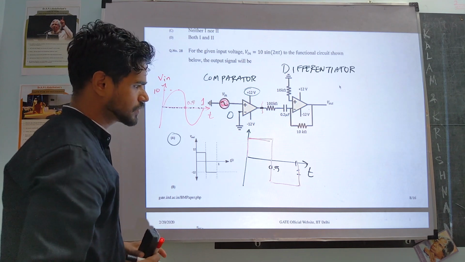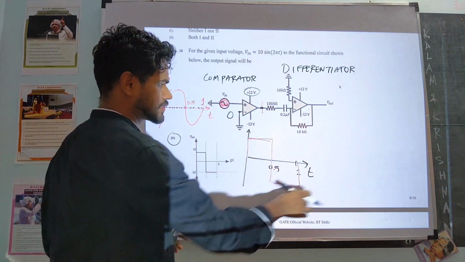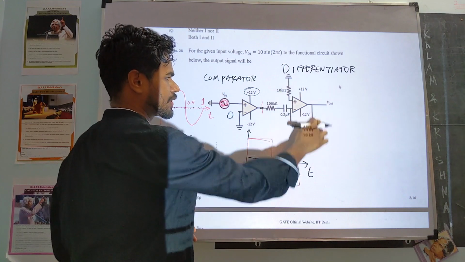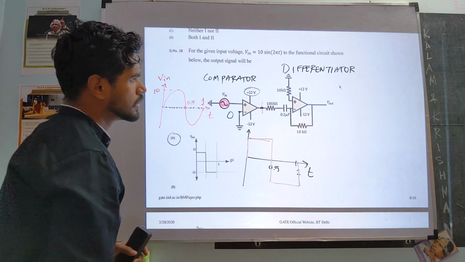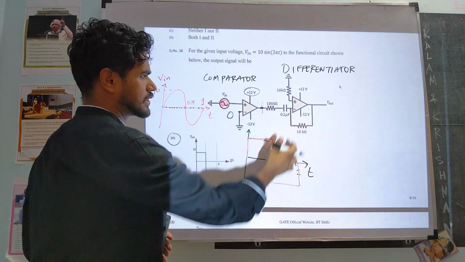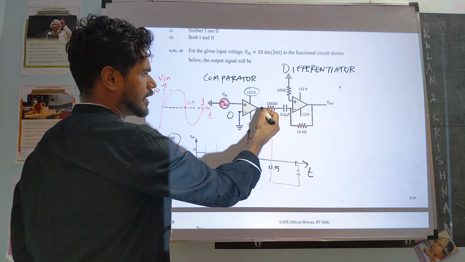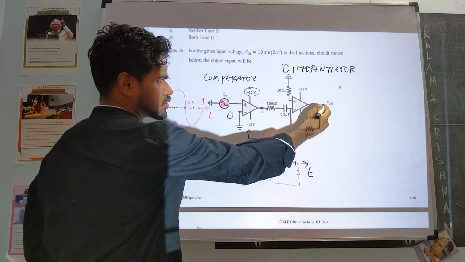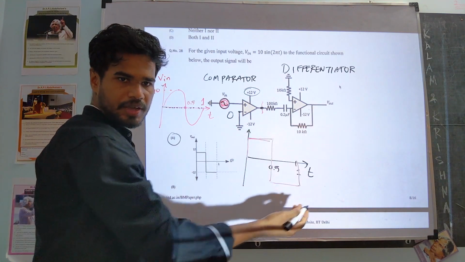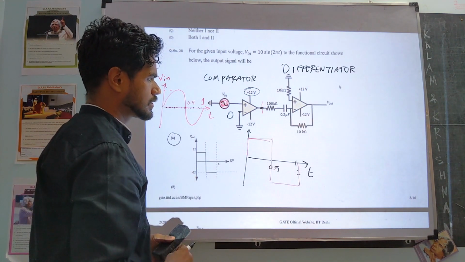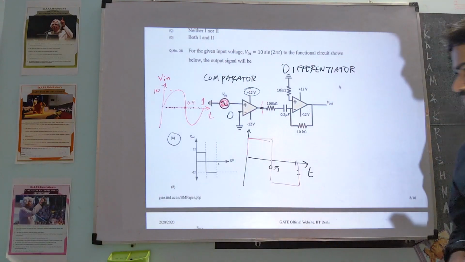Fine. Now we take this signal and feed it into this circuit. What does it do? This circuit is nothing but just a differentiator, as I said. So it's going to take in the input signal and plot its slope. Let's also plot that.